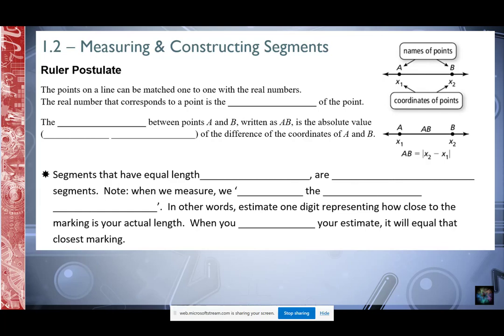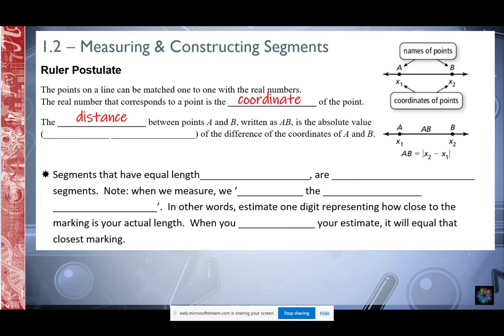So the real number that corresponds to a point, we actually just call that the coordinate of the point. And sometimes we'll put it on the coordinate plane. Sometimes we're just working on a number line, but we are going to have this idea that there's a coordinate, whether it be x1 or x2, there's going to be some kind of a value attached to that point.